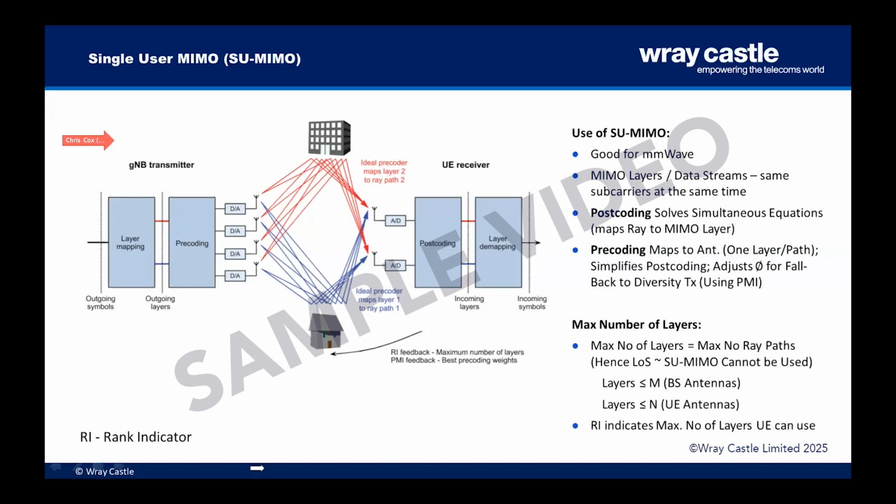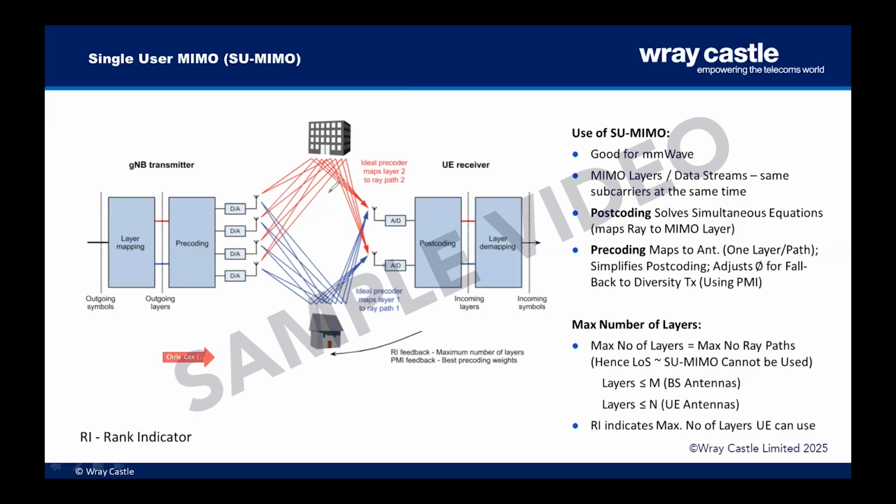The diagram shows the viewpoint. Here, a base station is going to transmit two separate layers, in other words, two separate data streams on the same radio frequency and at the same time. We assume that we are operating in a multipath environment, and the bottom line is that each layer is going to get mapped to a separate ray path.